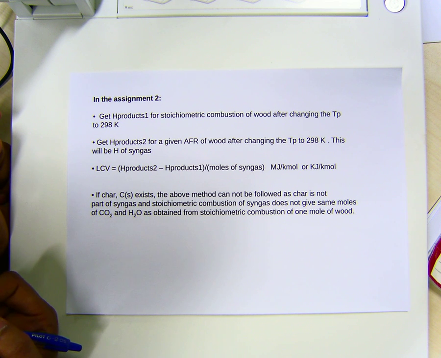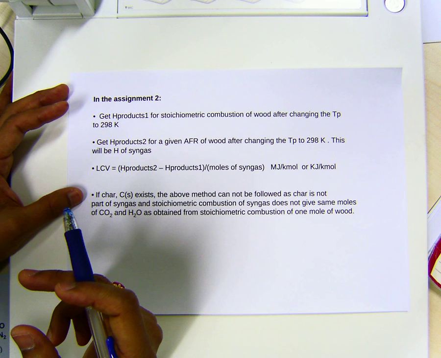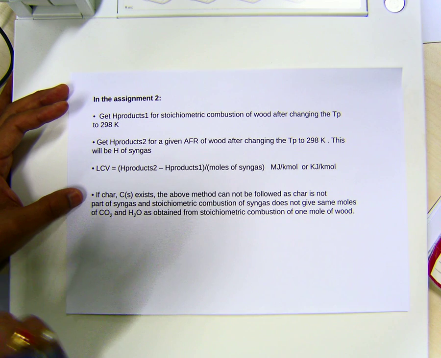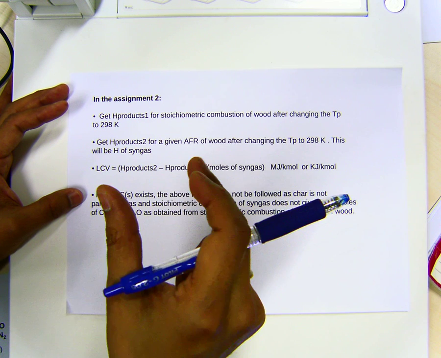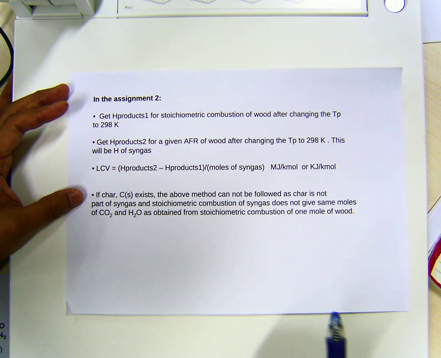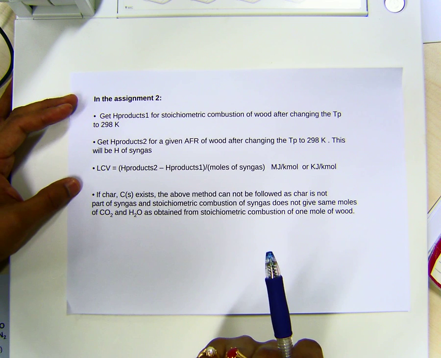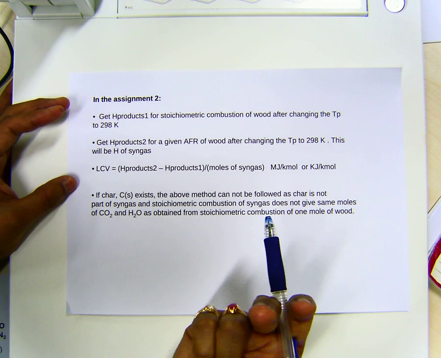In assignment 2, you'll be given an Excel sheet. In that you only have wood, and wood is a reactant with oxygen. Those are reactants, and you'll get products. The products are syngas. So how do you simply calculate LCV of that obtained syngas?